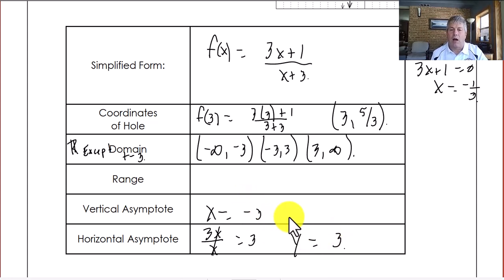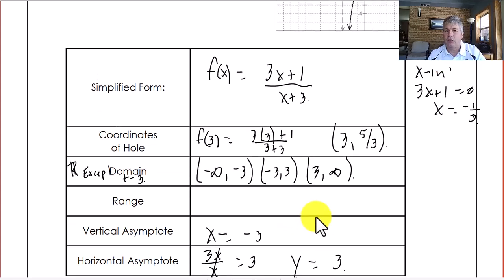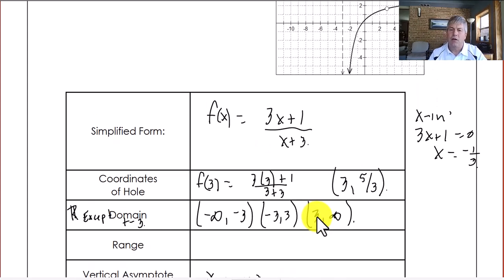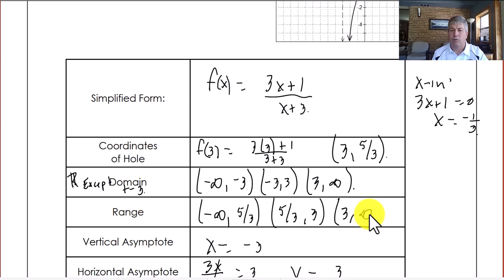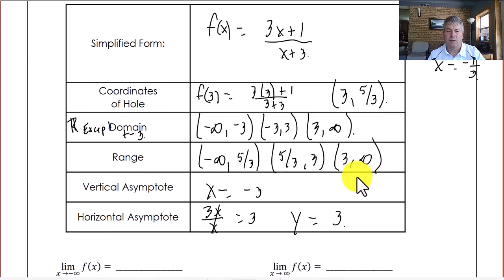Now our range can't include 3, but it also can't include our hole at the y value of 5/3. So our range is going to extend from -infinity to 5/3, and then from 5/3 to 3, and then from 3 to infinity.